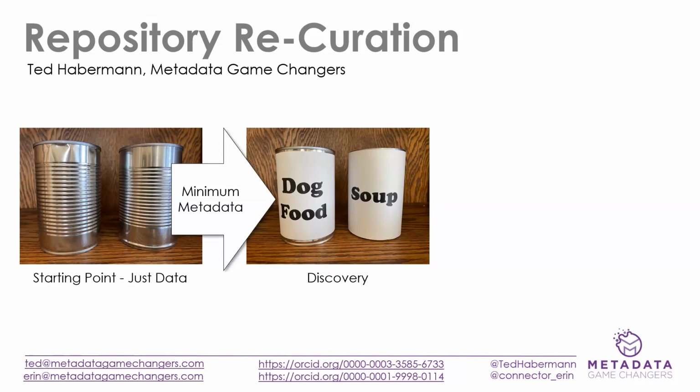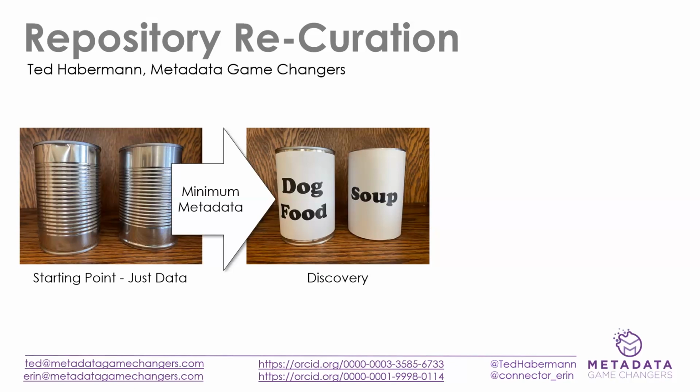So after the data set gets curated into the repository, as time starts passing, a number of things might happen. You might have new metadata elements coming out, new revisions of metadata models. You certainly have papers that might be published using those data that you want to connect to the data sets in the repository. And the thing that we're talking about quite a bit today is these identifiers keep happening.